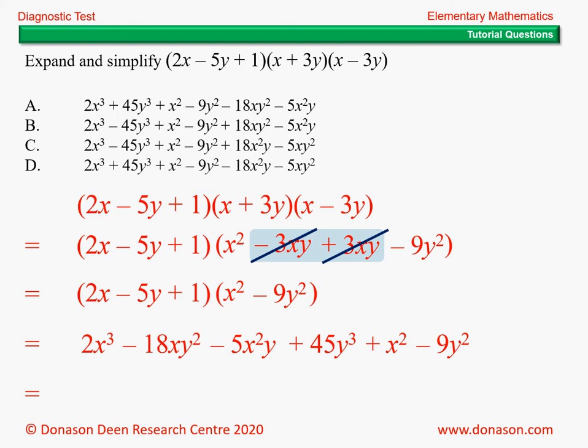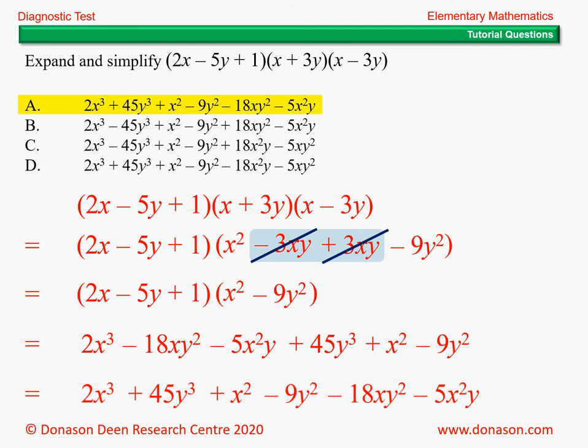So we have got altogether 6 terms when we perform the expansion, and if you rearrange them by putting the 2x cubed and the y cubed together, we get 2x cubed plus 45y cubed as the first two terms, followed by, let's put all the squared terms, so plus x squared minus 9y squared, and then we still have 2 more terms which contain both x and y, so minus 18xy squared and minus 5x squared y.